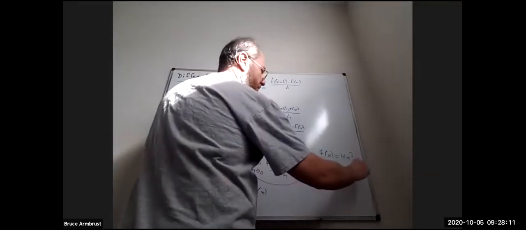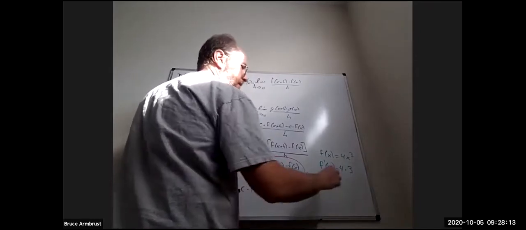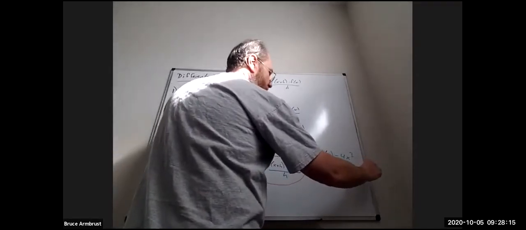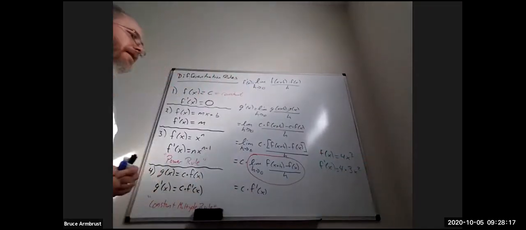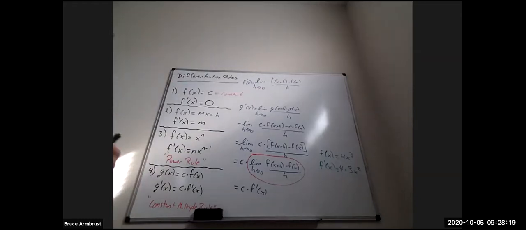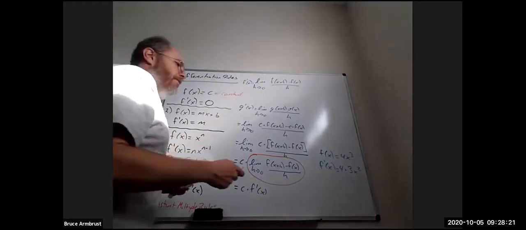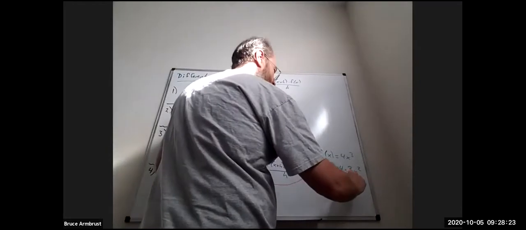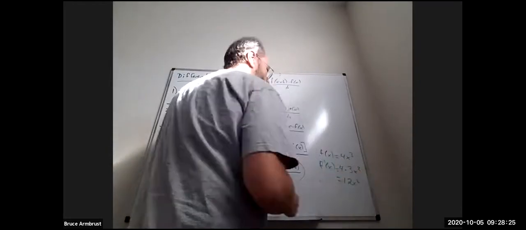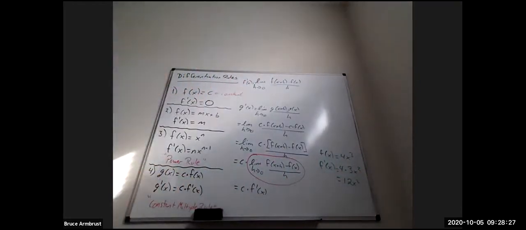So we bring that multiple out front, 3. And then we decrease the exponent by 1. So that becomes x squared. So we got 4 times 3x squared. Multiplying that all together gets us 12x squared. So the derivative of 4x cubed is 12x squared. There you go. We're done.